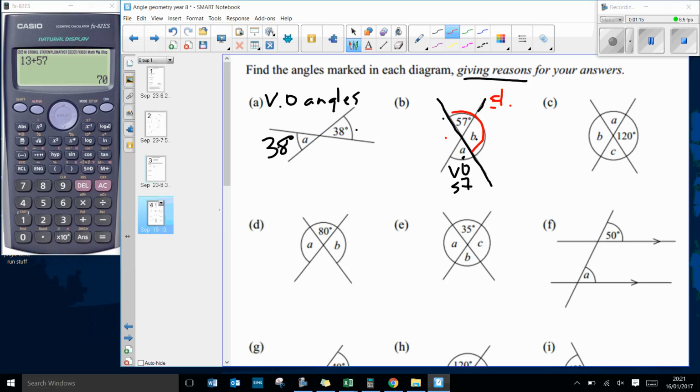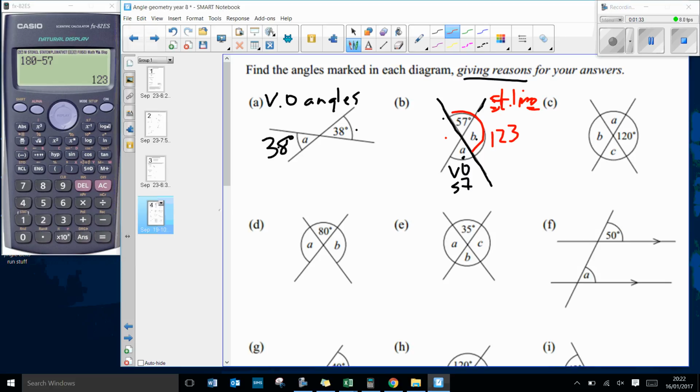Literally I'm writing straight line, but please don't get into that habit. Please put the full reason. Okay, so these are angles on a straight line, and it would be 180 subtract 57. So angle B is 123.